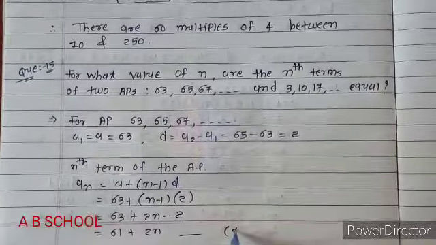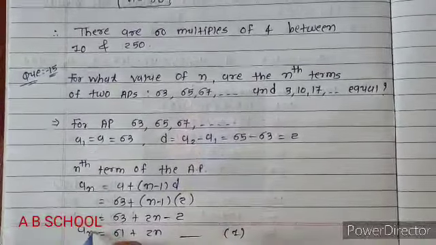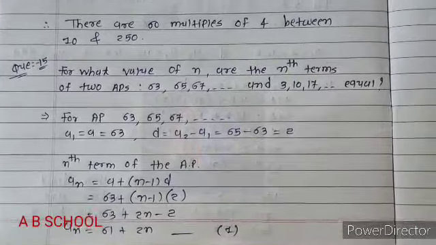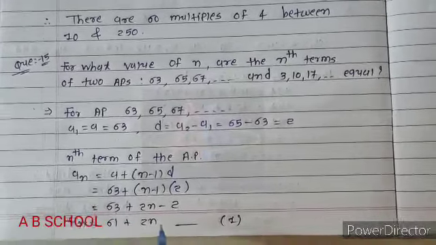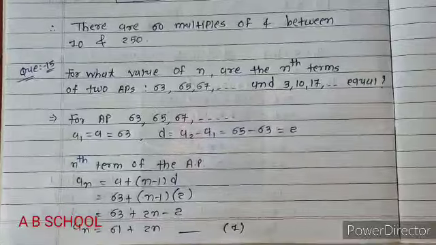Okay, equation number 1. For the first AP, the value of an is equal to 61 plus 2n, equation number 1.